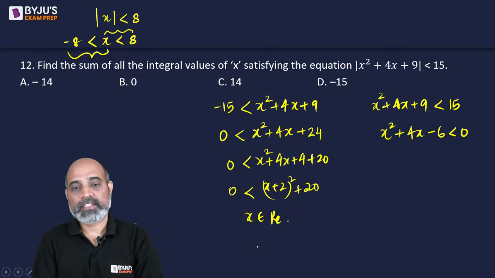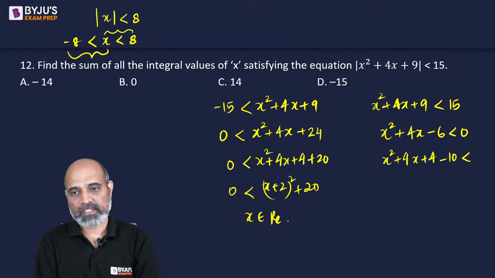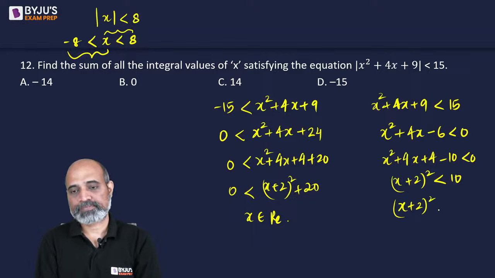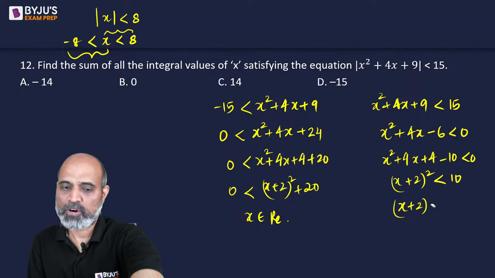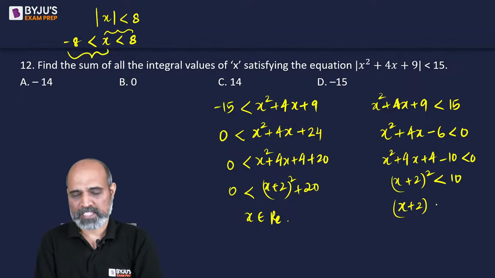Well, the right hand side inequality, we will have x square plus 4x plus 4. 4 add करके 4 subtract कर लेते हैं. This becomes x plus 2 का whole square, and let's take 10 to the other side. We will have x plus 2 ka whole square less than 10. So again, just like modulus, quadratic also behaves in the same way, right?